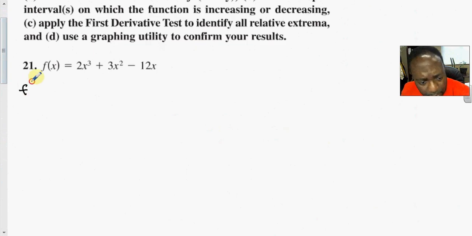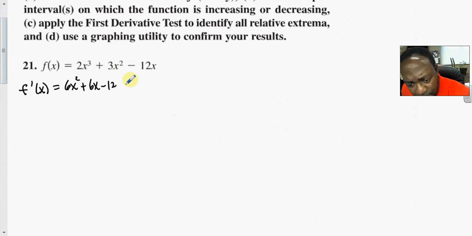So we find first f prime of x. This is 6x squared plus 6x minus 12. Now we set this guy equal to 0. So this implies that we have, if you factor out a 6, we have x squared plus x minus 2.